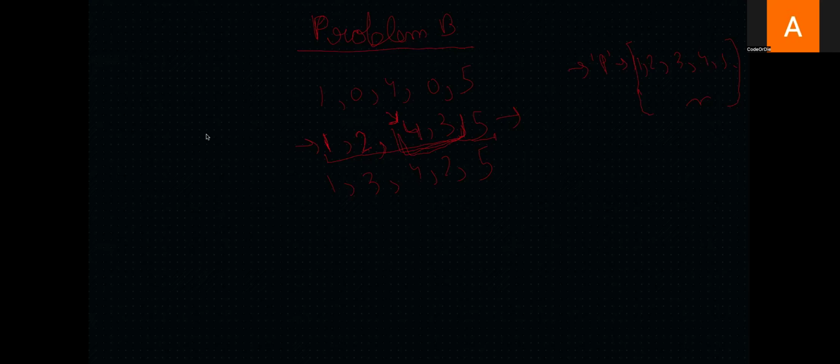Okay, but wait, if we chose this as a permutation, then the length should be 3. Why? Because the first position where P_i is not equal to i is 3, and the last position where P_i is not equal to i is this particular index.